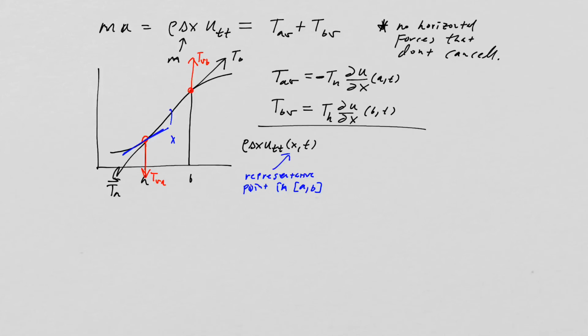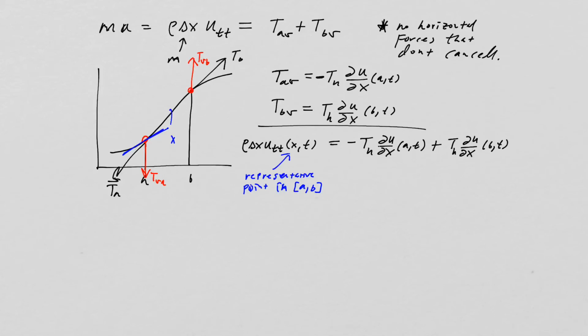Okay, great. And that's going to be equal to negative TH times the partial derivative of u with respect to x at a comma t, plus TH times the partial derivative of u with respect to x at b comma t.